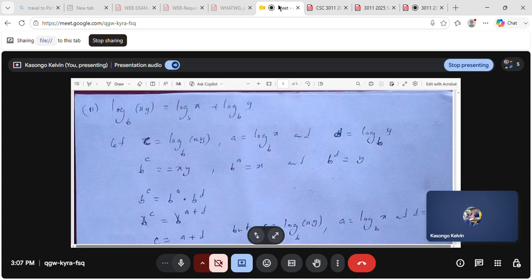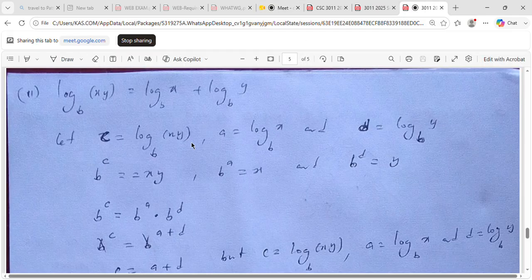Okay, I think my screen should be back. Okay, so we have that. So let what is on the left hand side be equal to some variable, that be equal to some variable, and that be equal to some variable. Then change these logs to exponentials, and we know that the base lifts that guy.